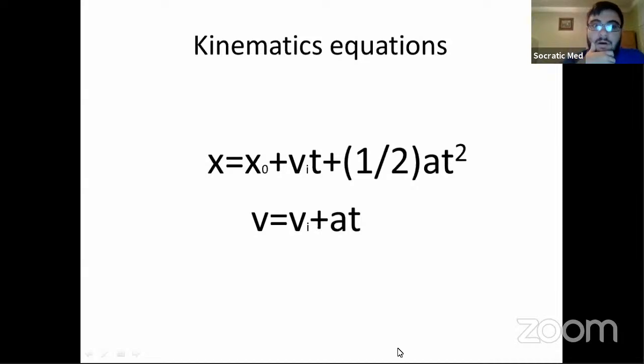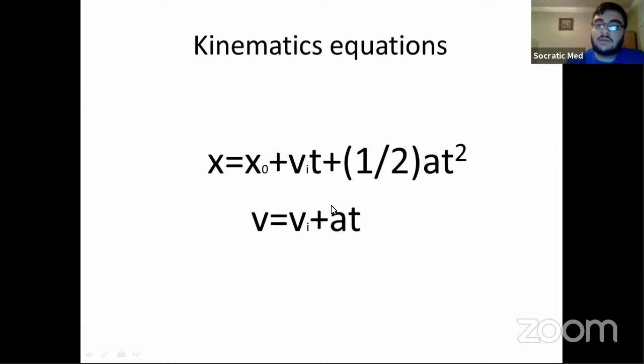Well, I won't be there on the MCAT to tell you when to use which equation. Usually, you use an equation when you have enough information. If you're looking at positions, you would use this first equation because it has position x and x0.